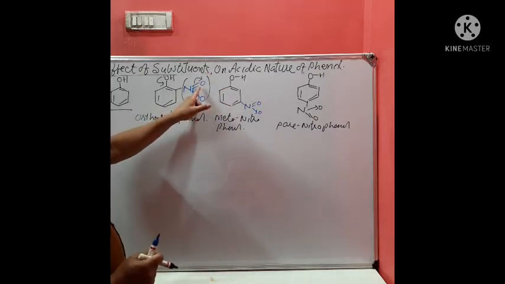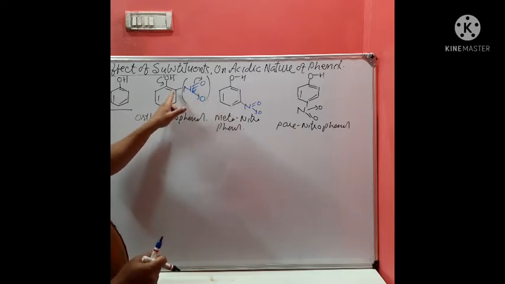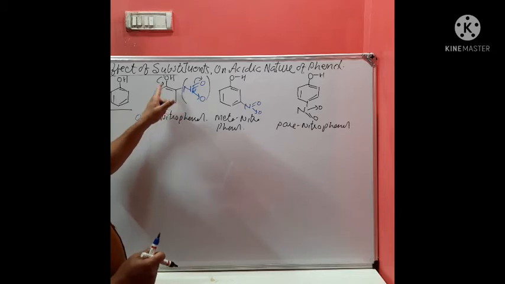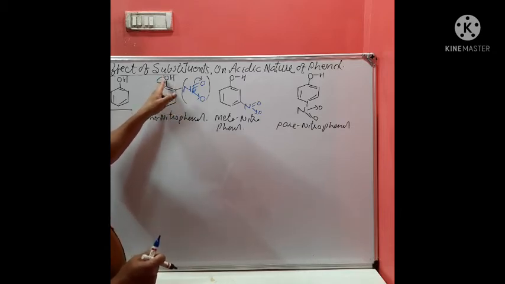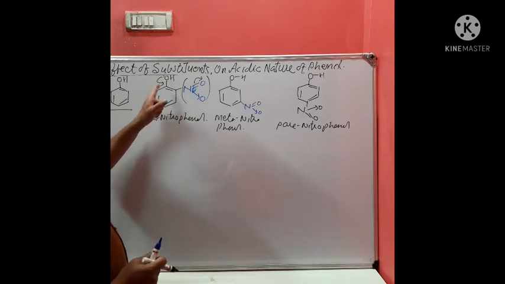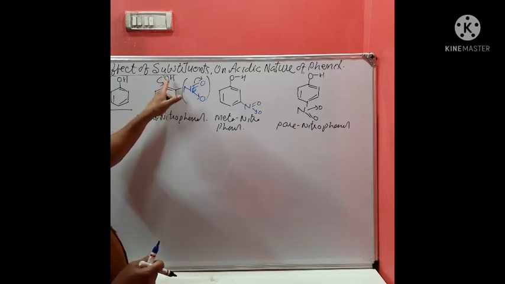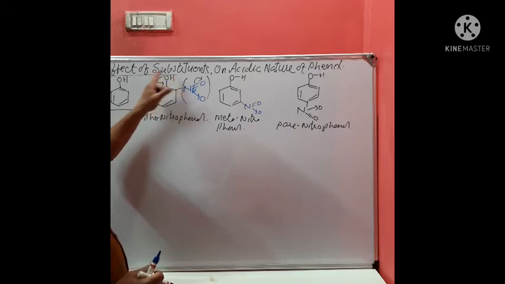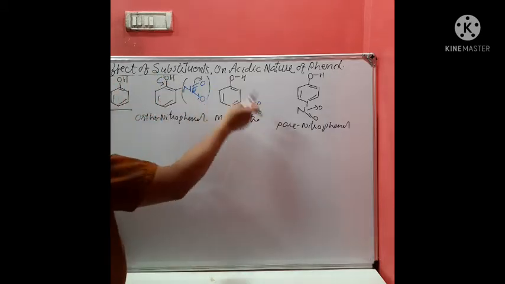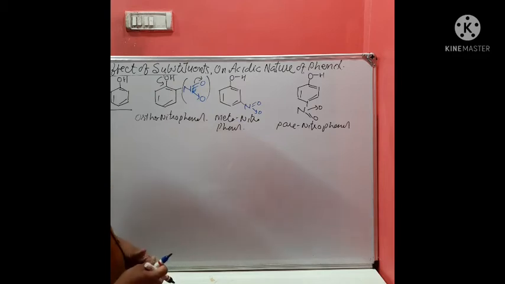The electron withdrawing group first withdraws electrons, thus the benzene ring becomes electron deficient, and therefore due to electron deficiency it withdraws electrons from oxygen. Now if the oxygen becomes electron deficient, then it will withdraw electrons from hydrogen, and thus it can easily release hydrogen.